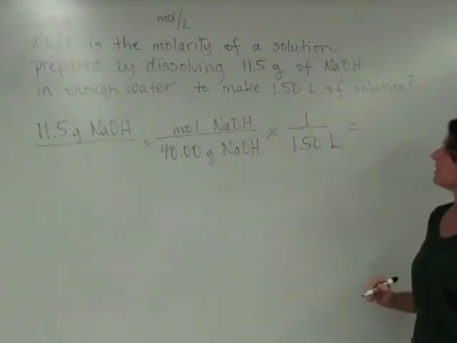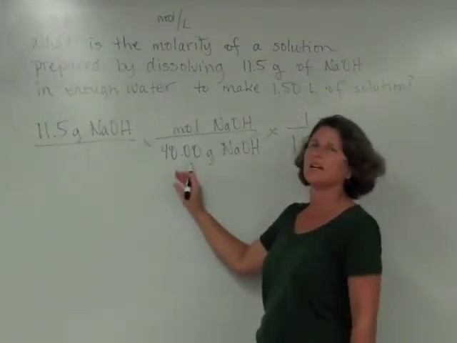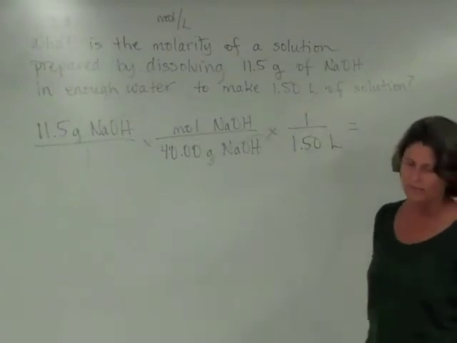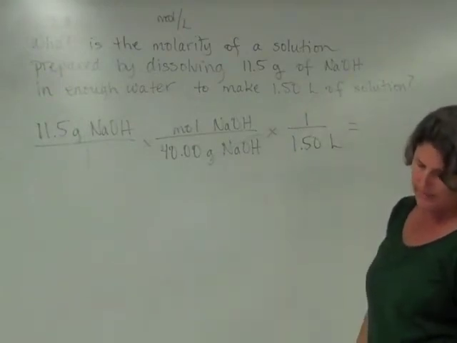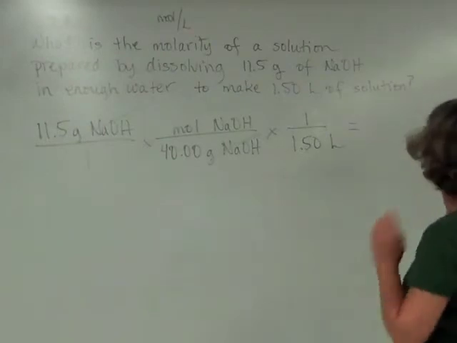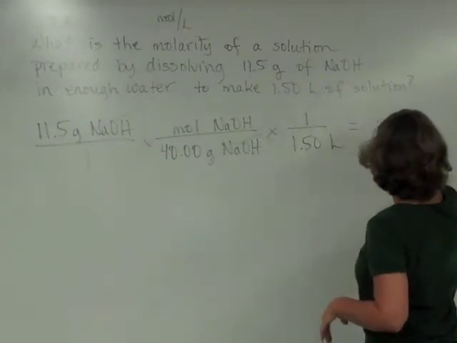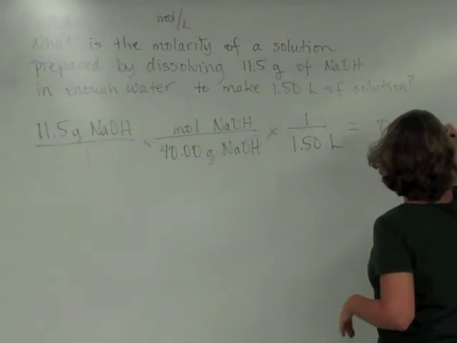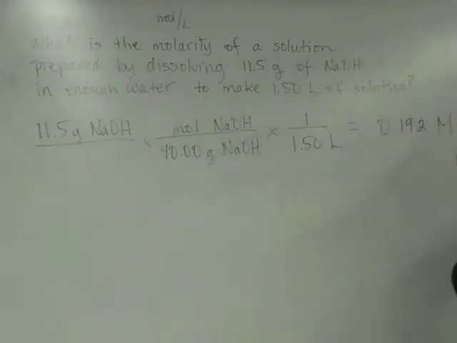So if we do this math, 11.5 divided by 40 divided by 1.5, what we end up getting is 0.192 molar sodium hydroxide. There's the concentration of the solution. What does that mean? Moles per liter. Molarity. Okay.